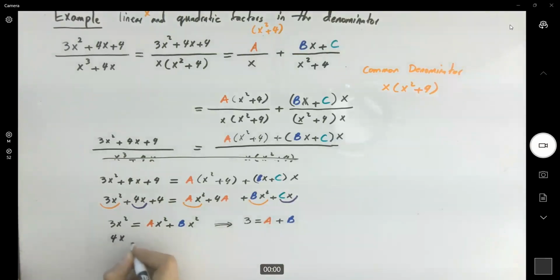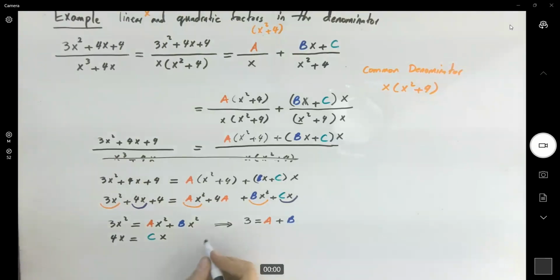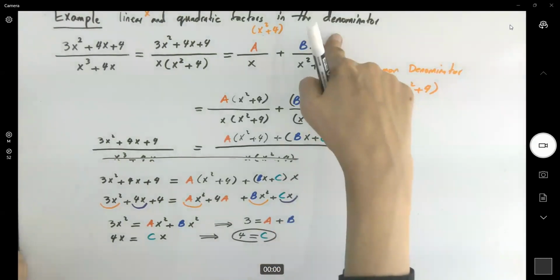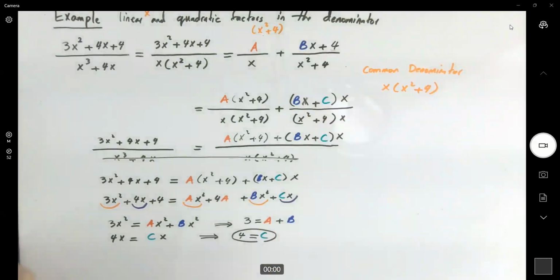It means that 4x is equal to cx. Hey, I have an easy identification here. The coefficient of x is equal to the coefficient of x, which is just c. Hey, I found c. Nice and easy. C is 4. Very well.